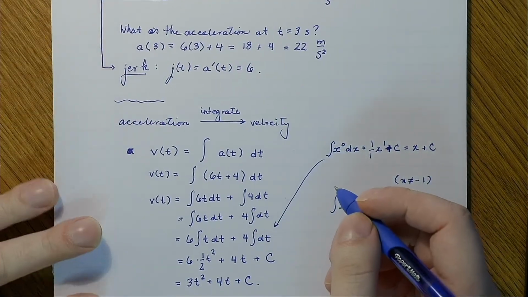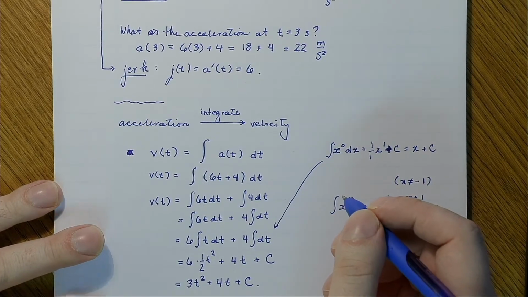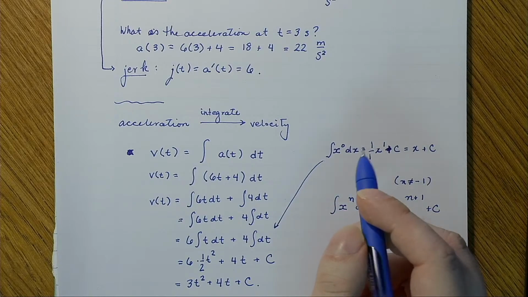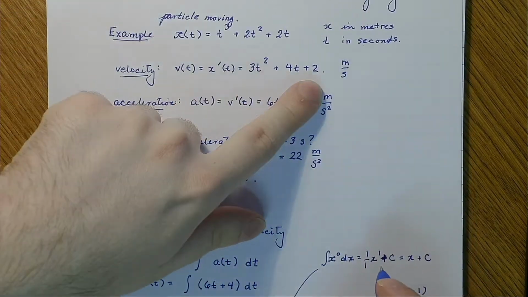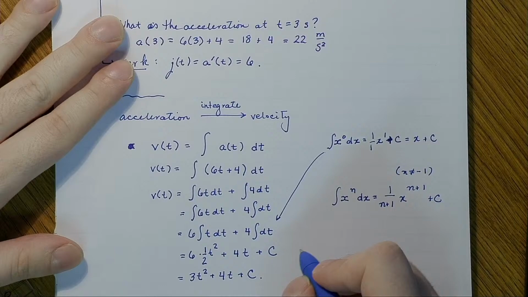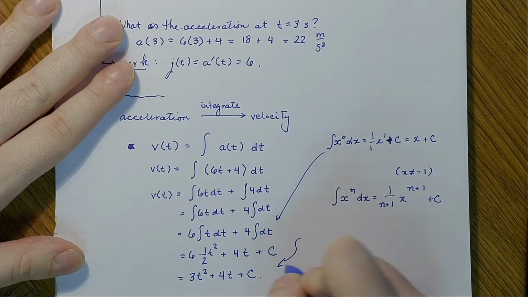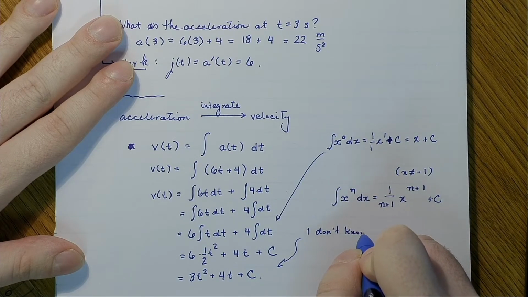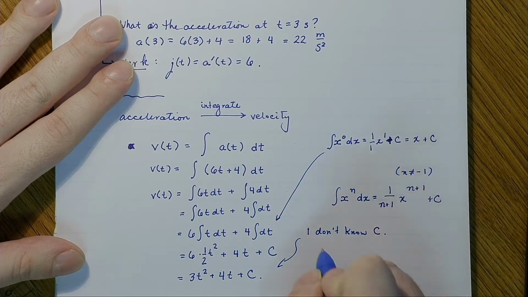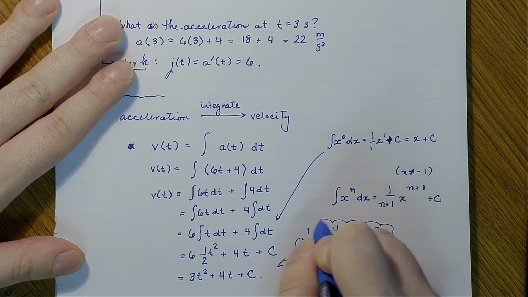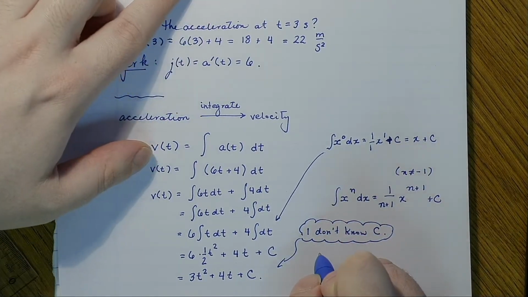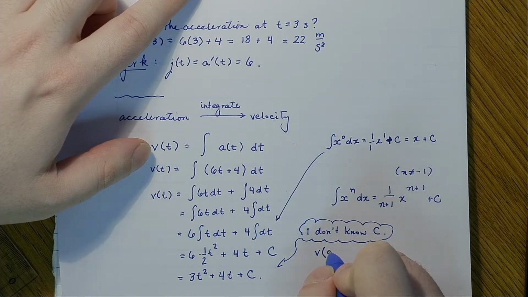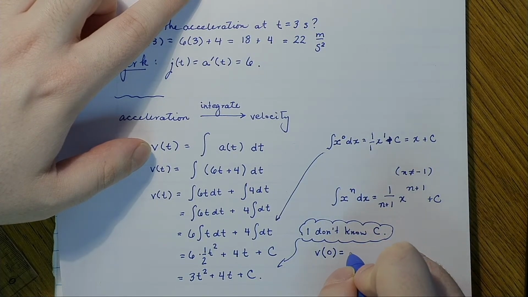So again, you would have to tell me some additional information. For instance, you'd have to tell me that the velocity at time 0 is equal to 2.